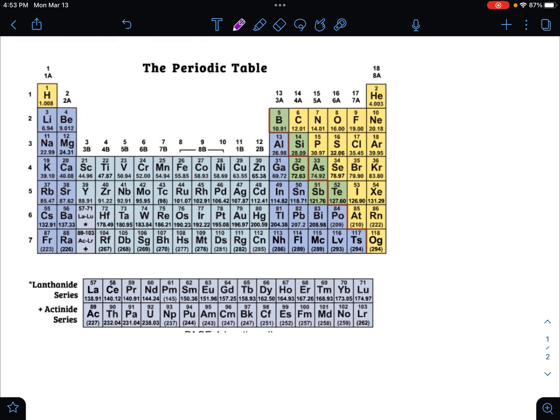So notice there's a 1A. These are the group 1A ions. So what it's saying is if it has hydrogen, lithium, sodium, potassium, rubidium, cesium, or francium in it, it's going to be soluble. Okay, so let's scroll back up there.